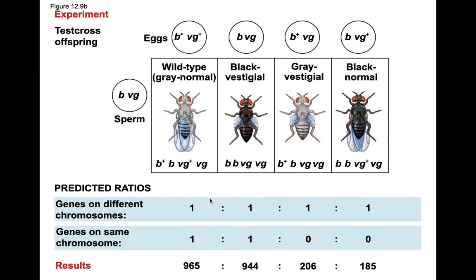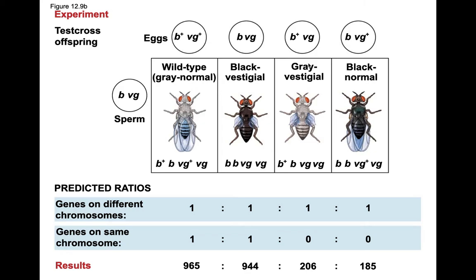That gave us a 1 to 1 to 1 to 1 ratio, as we would expect. But what we actually found in the results is that these two phenotypic expressions were much more common than being a hybrid of the mutant and the wild type traits.